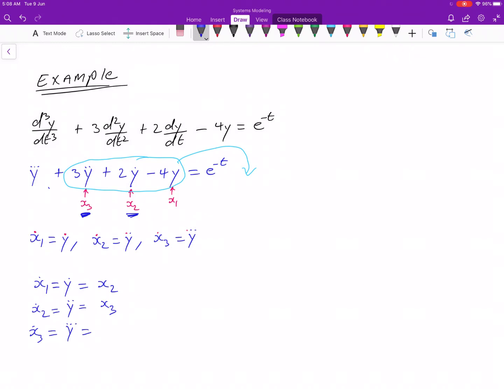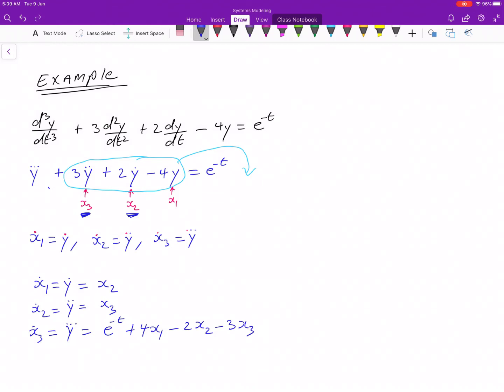So we have e to the minus t, and we're going to have plus 4y, which is 4x1, minus 2y dot, and y dot is x2, so minus 2x2, minus 3y dot dot, which is assigned x3, so we'll have minus 3x3.